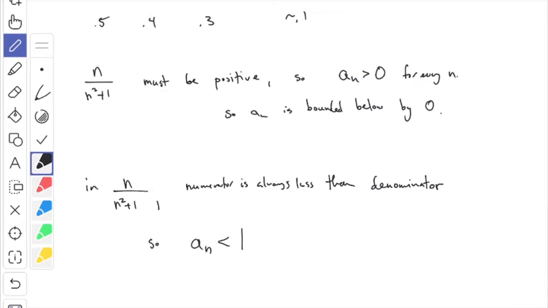In the language that we've been using, a_n is bounded above by 1. You've got to do a little journey of reflection and exploration. That's what mathematics is all about.